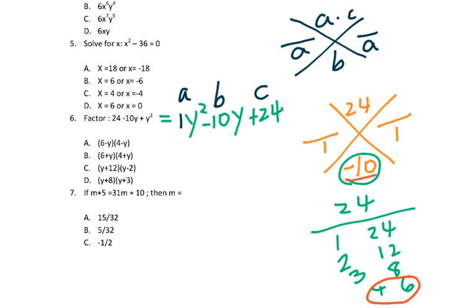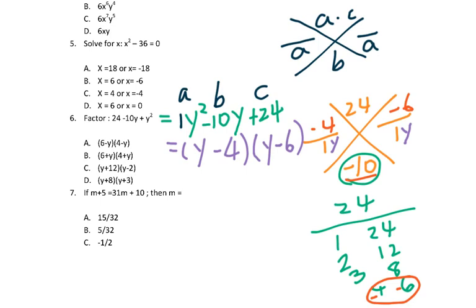I'm looking for negative 10, so I change the sign: negative 4, negative 6. I put a variable y over here. Then we use bottom up. That means y minus 4 times y minus 6.